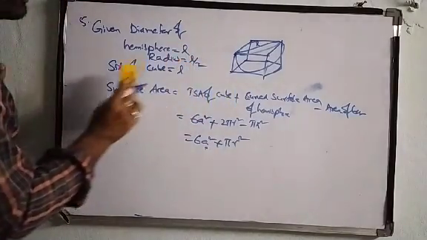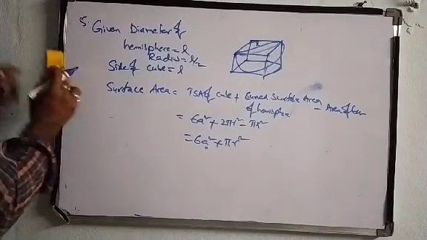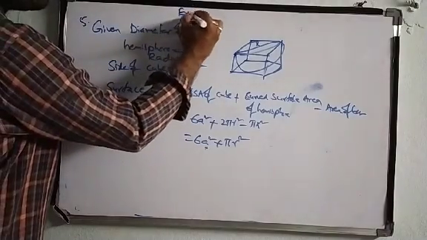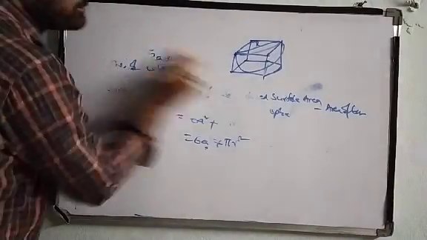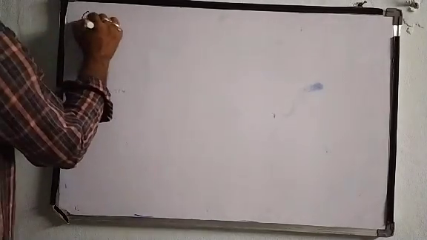Next, these are all exercise questions, Exercise 13.1 only. Exercise 13.1 questions. Next, the sixth question. There is a capsule.